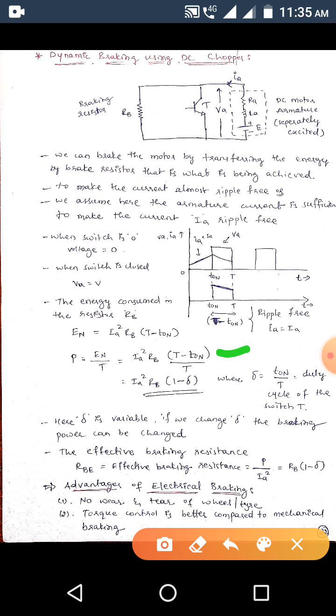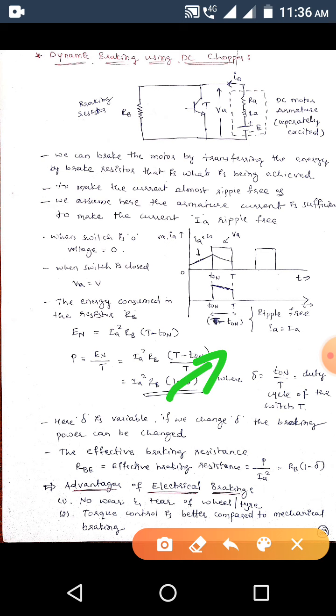So then I square Rb into 1 minus delta. Delta is nothing but T on divided by T here, as we have discussed in the chopper. That is the duty cycle of the switch T here. Whatever we are observing, delta is a variable here.